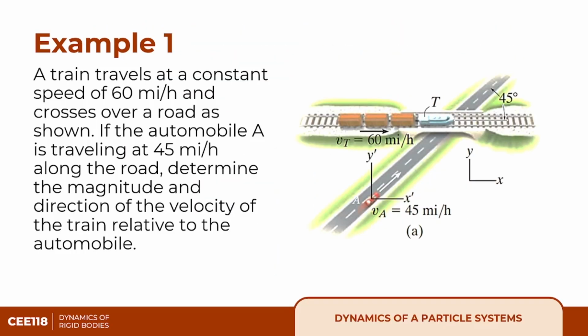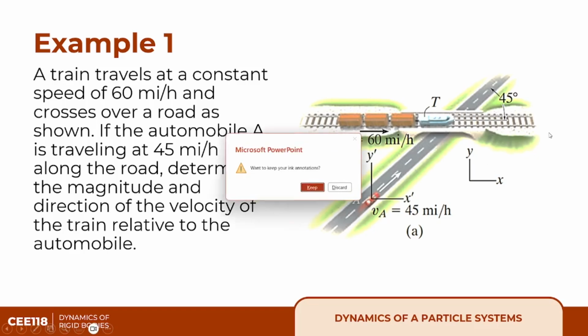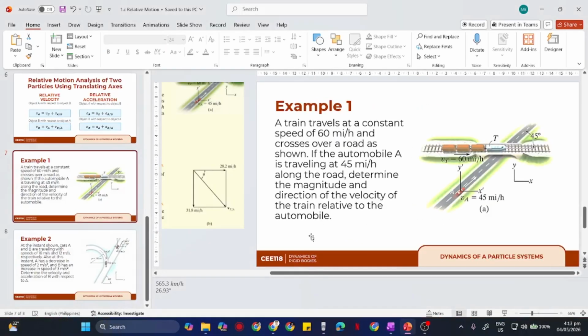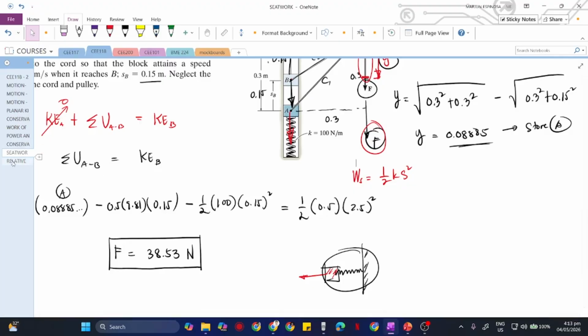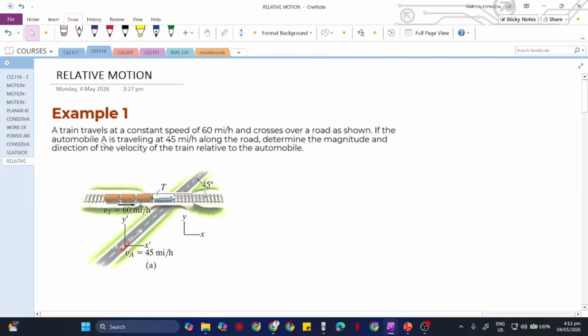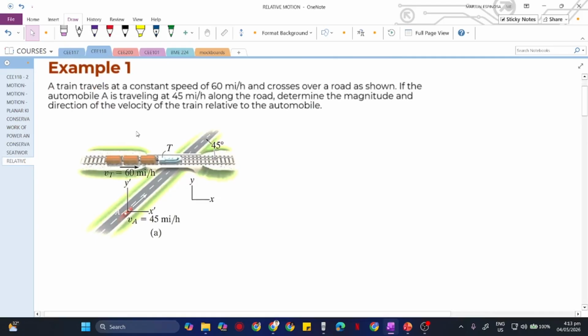Okay, let's start with answering problem number 1. Okay, a train travels at a constant speed of 60 miles per hour and crosses over a road as shown. So, we have a train here, no? Then beneath that train, a railroad.